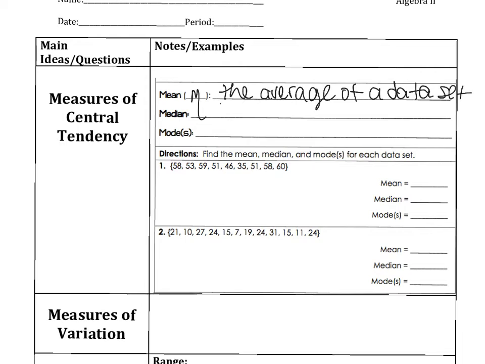The median is the middle of a data set. And of course, in order to calculate that middle number, the numbers need to be listed from least to greatest. And the mode is the number, and there could be more than one, that appears the most in a data set.